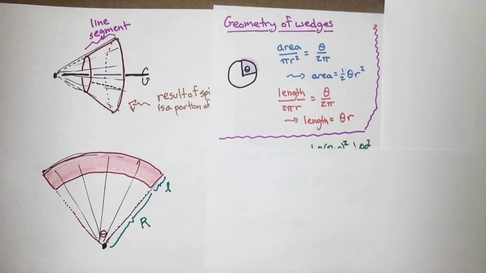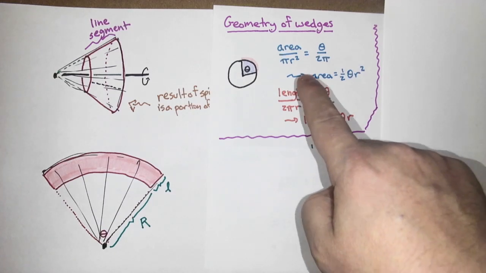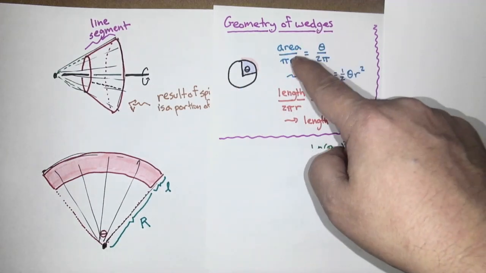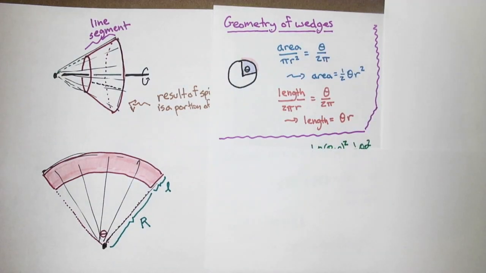So, geometry of wedges. Suppose you have a circle, and we're just going to take a piece of it, and we're going to mark a central angle theta. How much area is there in that piece? Well, we can think of it as proportional. Let's look at the area in our piece over the total area. So I'm taking a ratio here. You can think of it as the percentage of the area that I have in the circle.